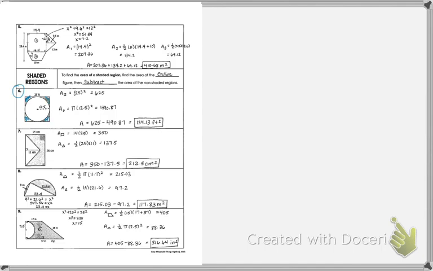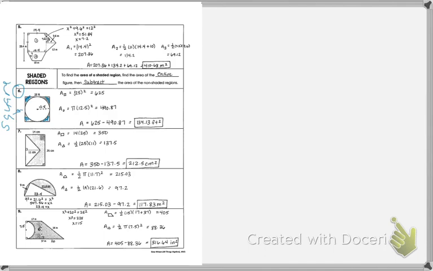Okay, so this is simply subtraction. We're not putting them together, we're actually doing a cutout. We're cutting that circle out and seeing how much is left. To find the area of a shaded region, you have to find the area of the full figure, in this case the square, because the circle's inside it.